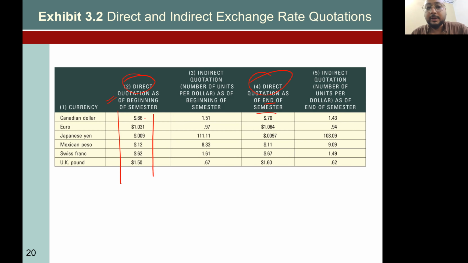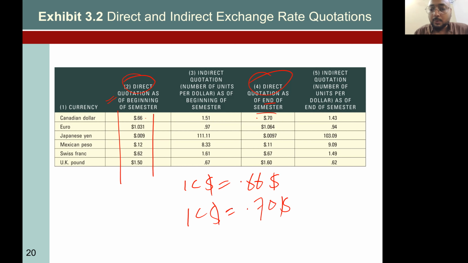Yes. So Canadian dollar, previously $1 Canadian was $0.66. And now $1 Canadian is equal to 0.70. So Canadian dollar has appreciated or has increased in value or decreased in value?